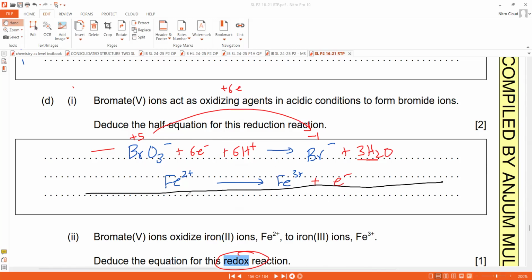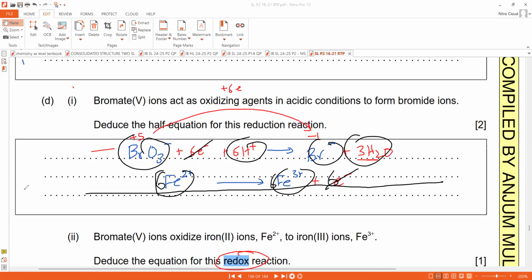So to equalize the electrons, I need to multiply this, because this is 6 electrons and this is 1 electron. I will multiply this by 6. Now the electrons should get cancelled. Remember that in the overall equation, electrons should not appear. So now write down whatever is remaining. So this plus this plus this is equal to this plus this plus this. Okay, that's the overall equation.